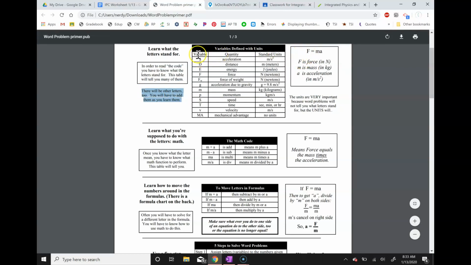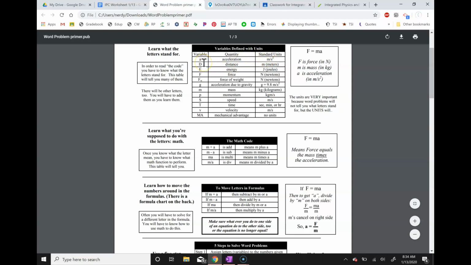So this chart, this little table right here, shows you the variable in the far left-hand side, the quantity or what it stands for in the middle, and then the standard units that we measure it in on the far right side. So the first one is lowercase a, that stands for acceleration, and we measure that in meters per second squared.